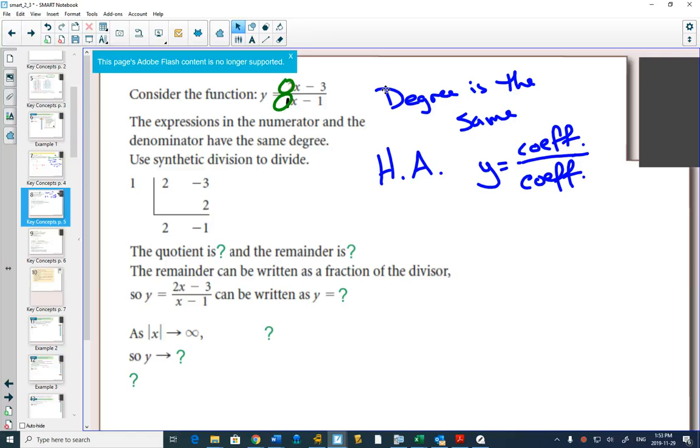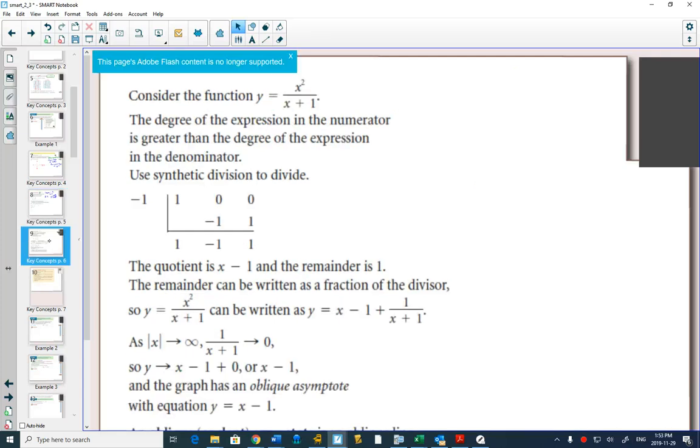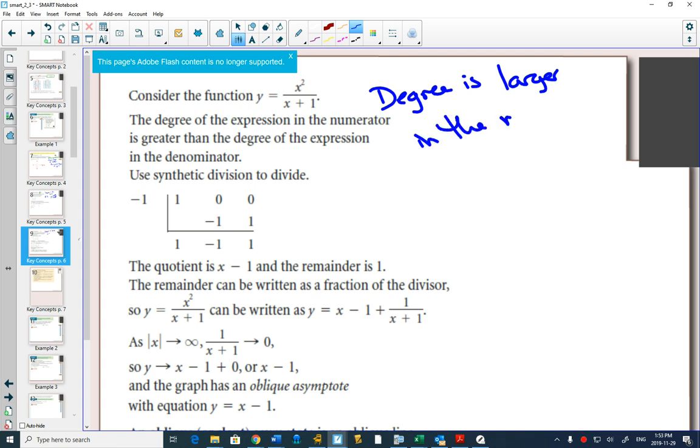And finally is the situation where the degree is larger in the numerator.